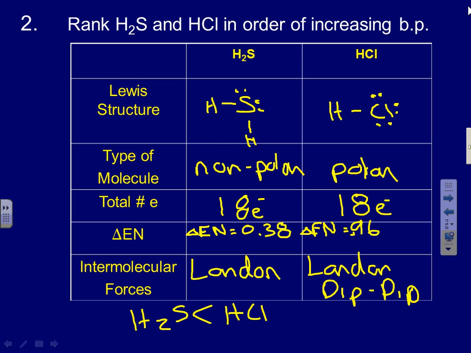But if you end up getting a question that has both of them London and dipole-dipole, simply use the one with the greater delta EN, being a stronger dipole and therefore a higher boiling point, melting point. That's why I did this question before, because they had a different delta EN. They were both dipole-dipole, but with our new definition, this works out quite easily. We can see that the HCl would have a higher boiling point, melting point.